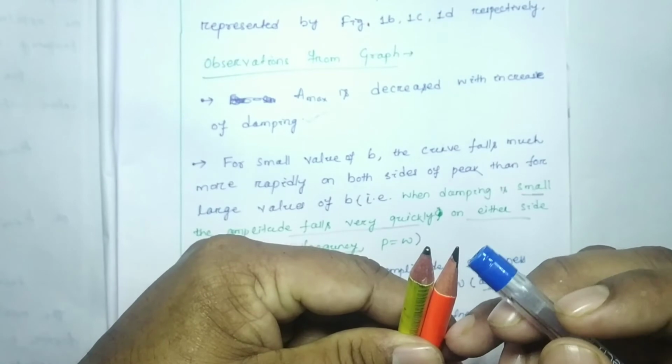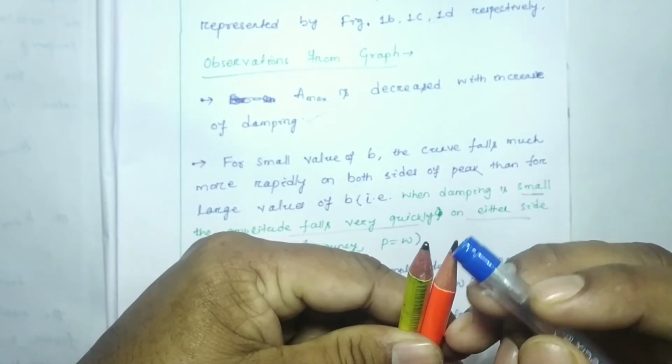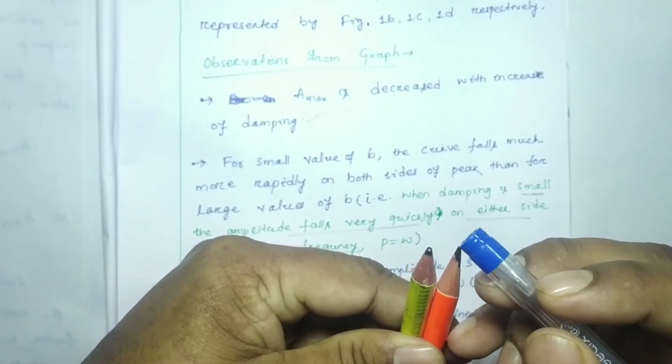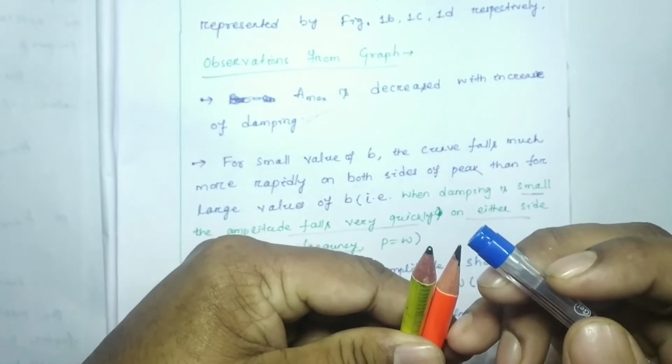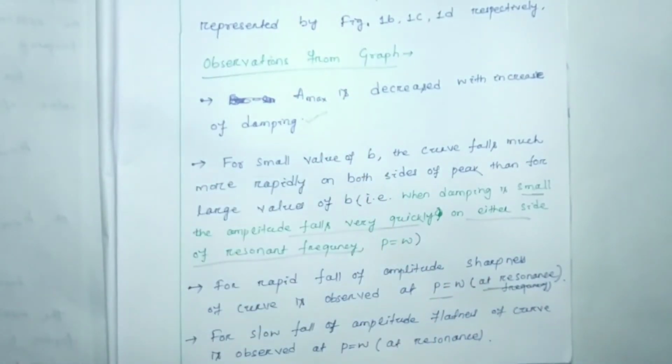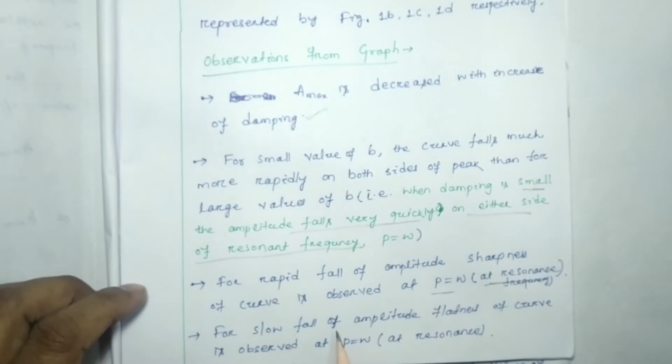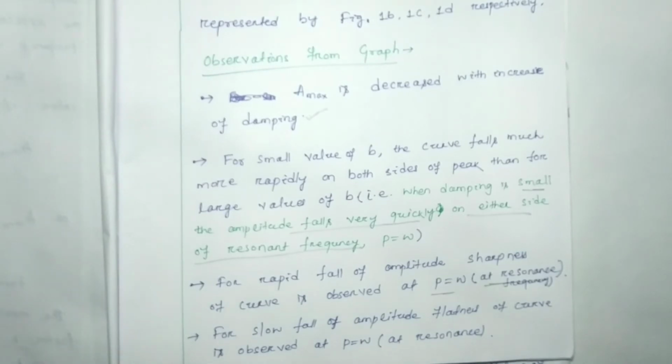When sharpened, the decrease on either side from the topmost point will be larger, like that. So for slow fall of amplitude, flatness of the curve is observed at p equal to omega, that means at resonance frequency.